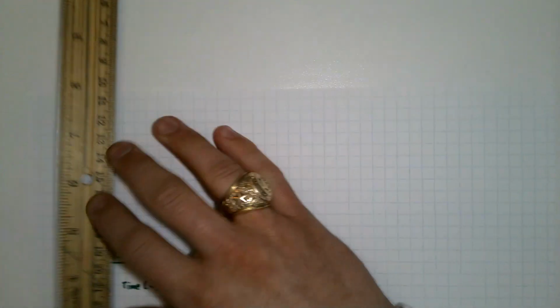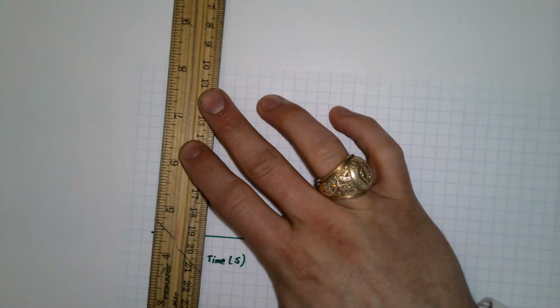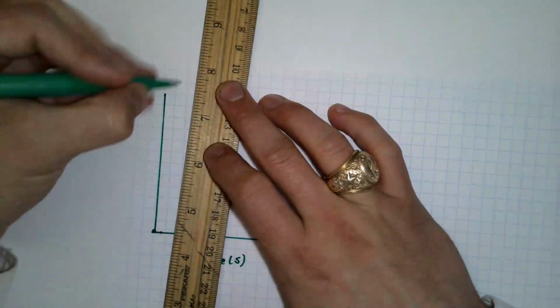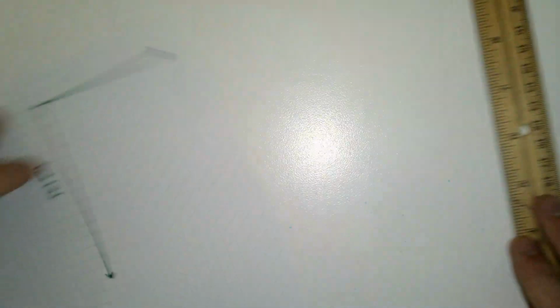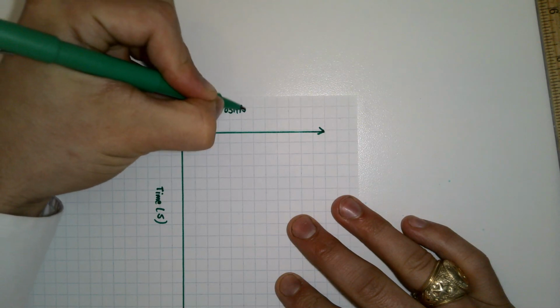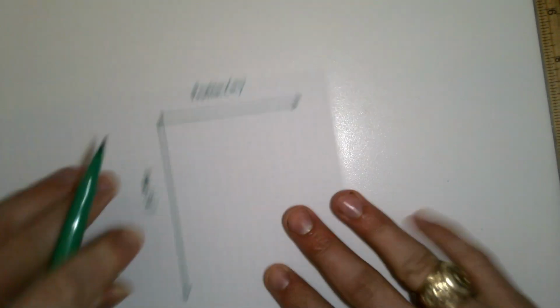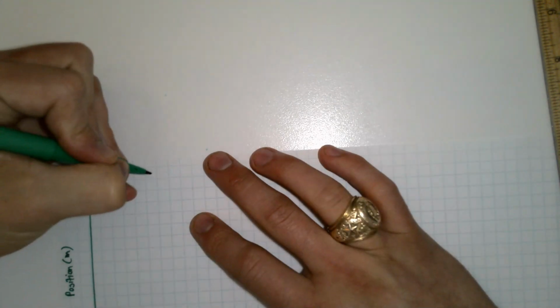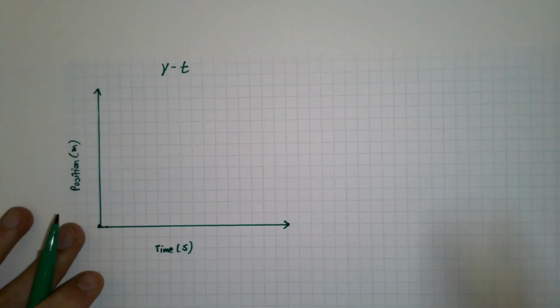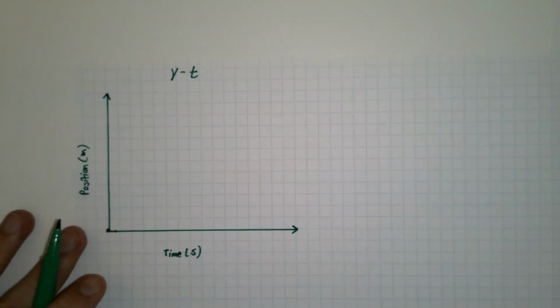And then I'll put my vertical axis, which will represent my position in y. I'll label that as position in meters. Remember, this is our position time graph in the y dimension.